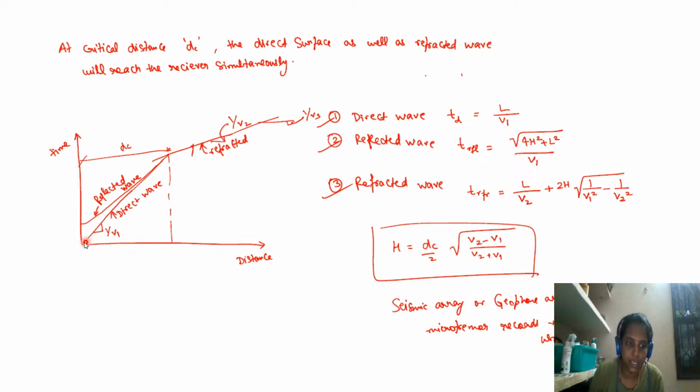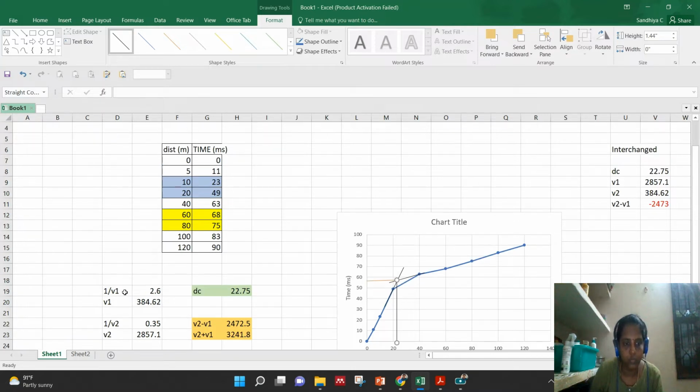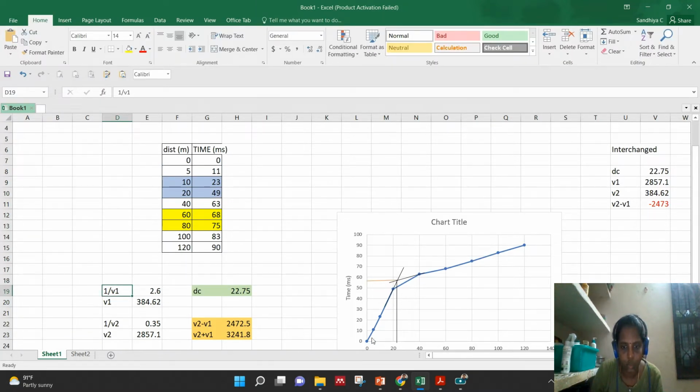V1 is the slope of this first line, which is going to be the inverse. So 1 by V1, I have put in Excel. Here I have measured the slope.